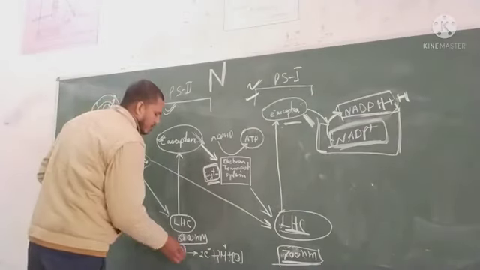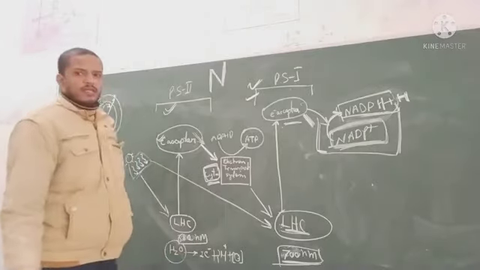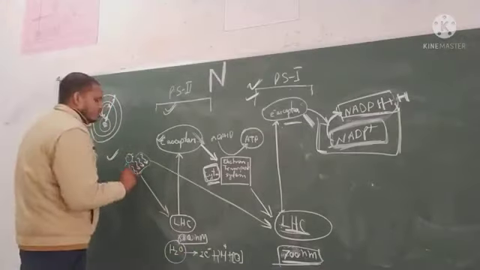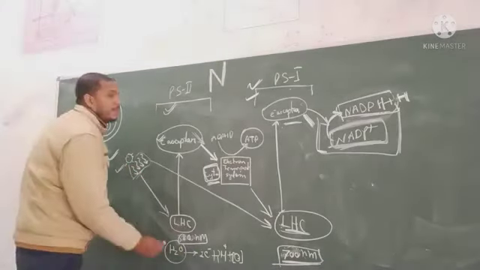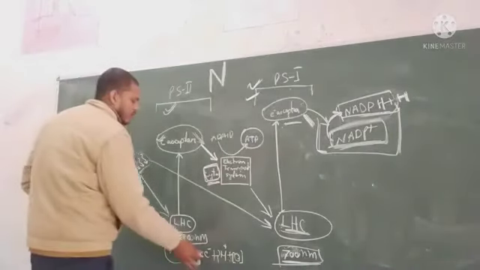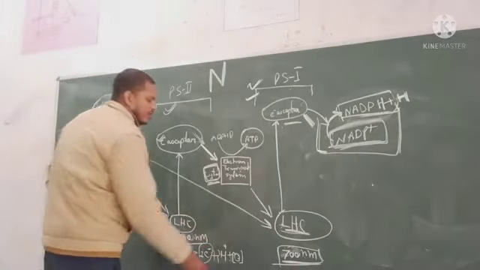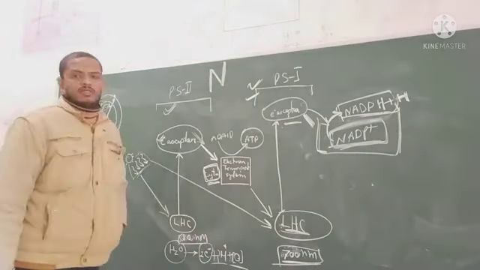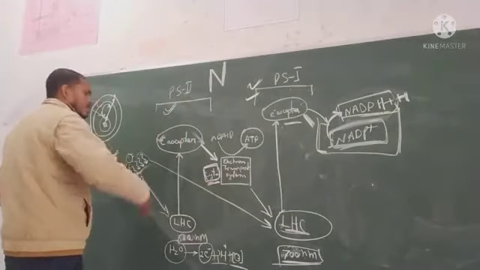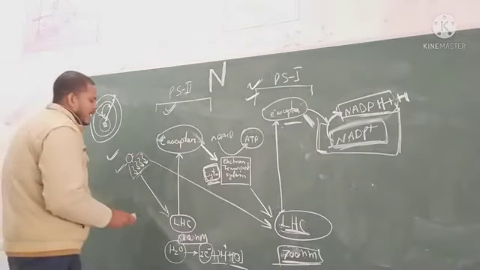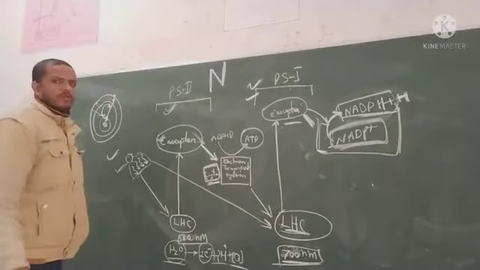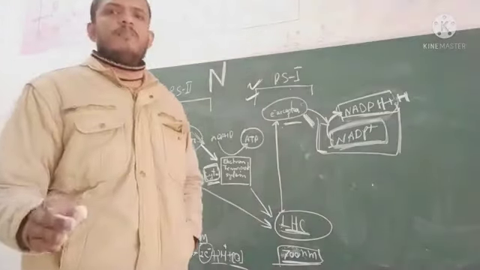The water molecules which are present in the plant, due to the high intensity of the light energy, get broken down. Water molecules break down into electrons, hydrogen and one free oxygen, that is nascent oxygen. This process takes place continuously, and light energy continuously splits these water molecules.